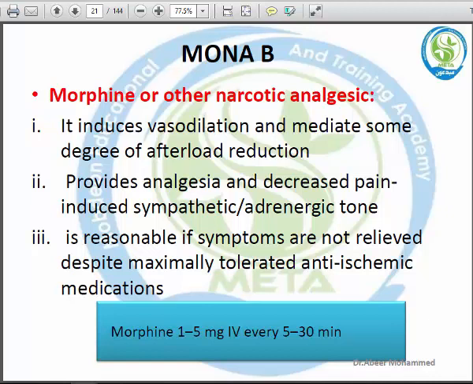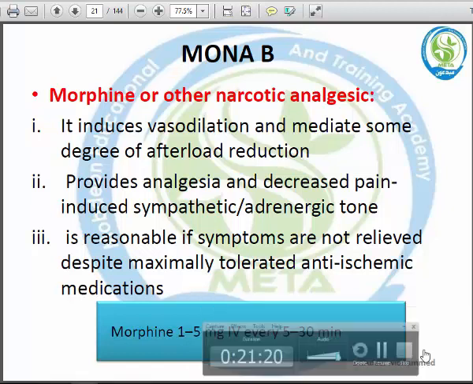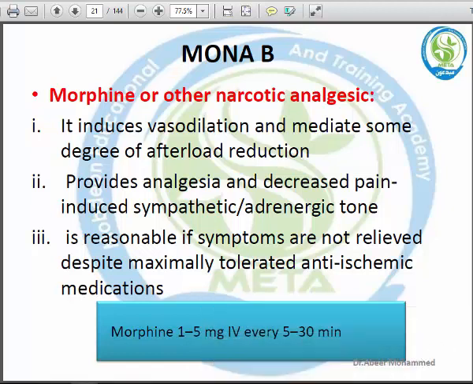يقلل afterload reduction, بالتالي هيقلل الهارت التعب، يعني هيقلل الافترلود لما يحصل فيه reduction، هيقلل المسل demand. لما يقل الافترلود بيقل الجهد على الهارت، عشان كده الفازوديلاتري افكت اوف ذا مورفين هيكون with benefit من ناحية بتاعت pain ومن ناحية بتاعت انه هيقلل الافتر لود. reasonable لو كان انه استعمل المورفين اذا كان العيان ما استجاب للانتي إسكيميك like النايتريتس or others، بلجأ للمورفين، او من الاول ممكن اضيف اذا كان العيان on severe pain.